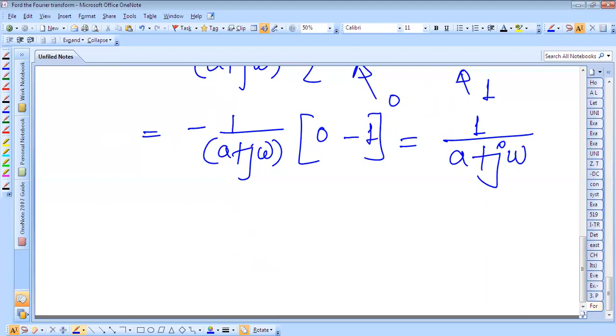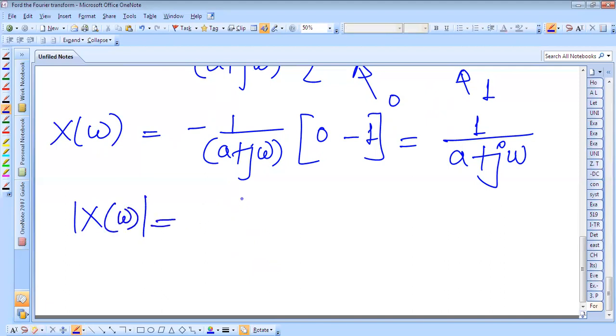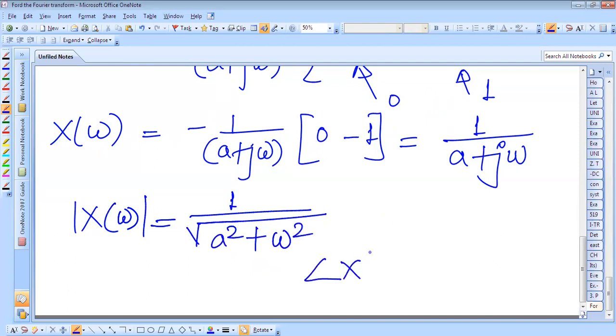So this is the X of omega. So magnitude of X of omega is equal to 1 over square root of a square plus omega square, and its angle of X of omega is equal to minus tan inverse of omega by a.